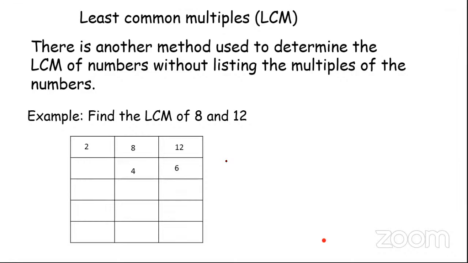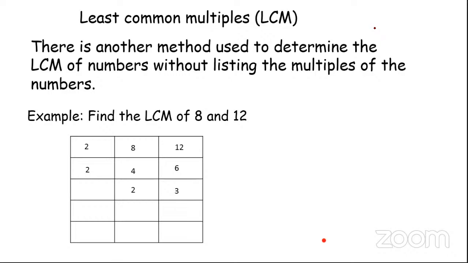So we again divide by 2 because 4 is divisible by 2 and 6 is also divisible by 2. 4 divided by 2 gives us 2. 6 divided by 2 gives us 3. Do we still have numbers divisible by 2?